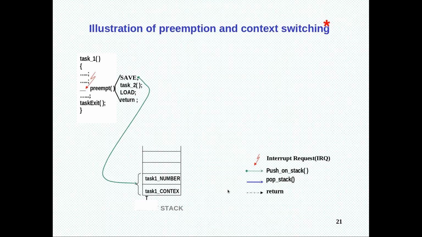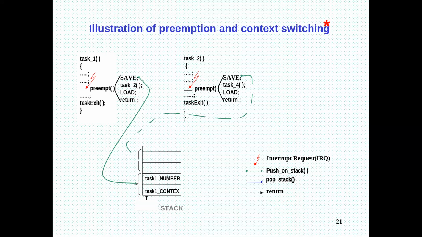Then once task 2 is released, because task 2's priority is greater than task 1, it gets scheduled and starts executing. And if, say, at some point task 4 comes, then the scheduler preempts task 2. It saves task 2's context on the stack, and then task 4 starts running.